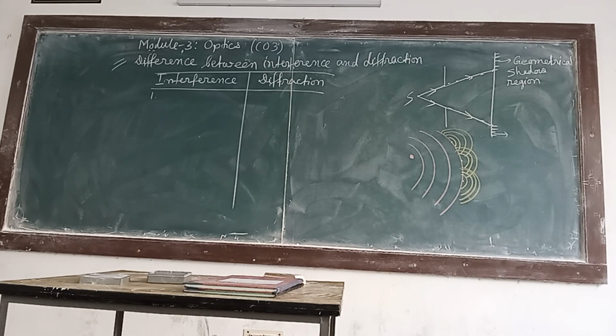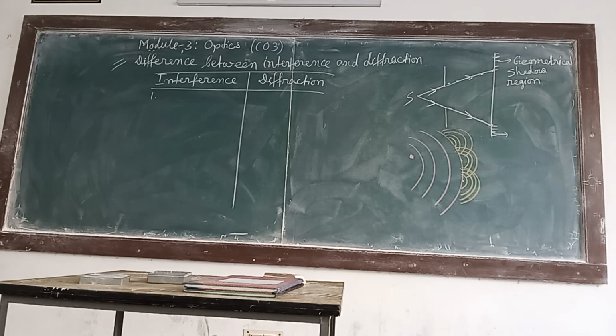Diffraction, number 2: the regions of minimum intensity are not perfectly dark. So why is it perfectly dark in the case of interference?